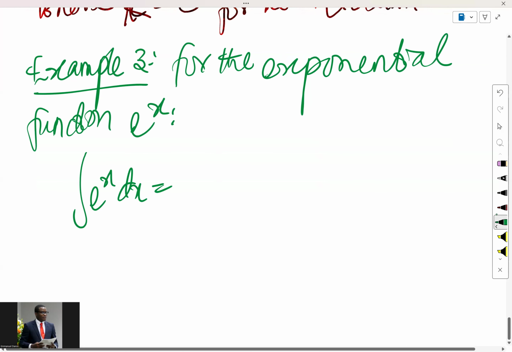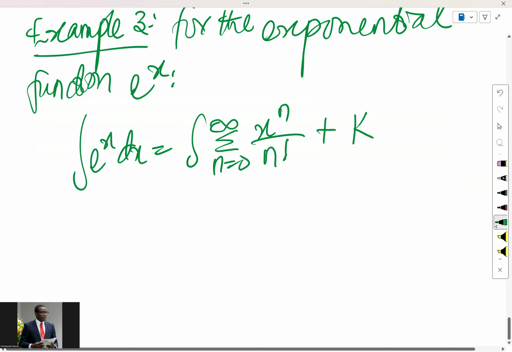That's simply the integral of the summation from n equals 0 to infinity of x raised to power n all over n factorial, plus an arbitrary constant k or c or whatever you choose.